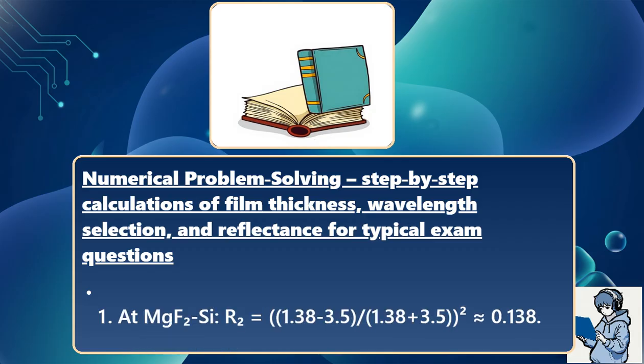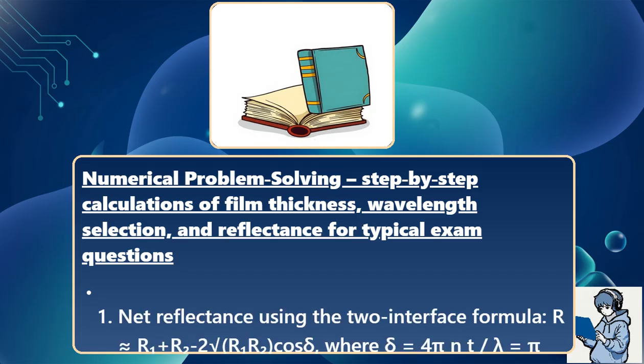At magnesium fluoride silicon interface, R2 equals (1.38 minus 3.5) divided by (1.38 plus 3.5), all squared, approximately 0.138. Net reflectance using the two-interface formula: R approximately R1 plus R2 minus 2 times the square root of R1 times R2 times cosine delta, where delta equals 4 pi nt divided by lambda equals pi for quarter wave, so cosine delta equals -1.